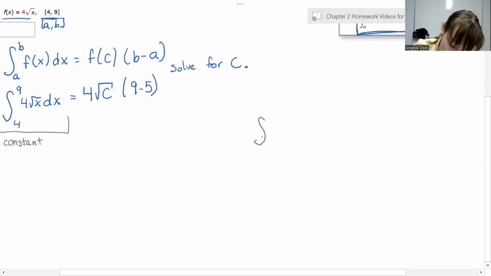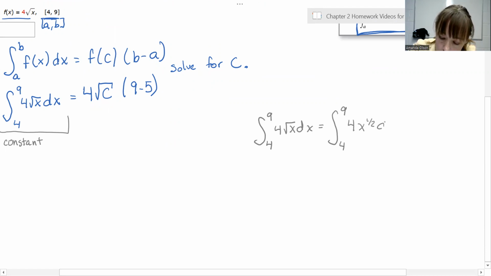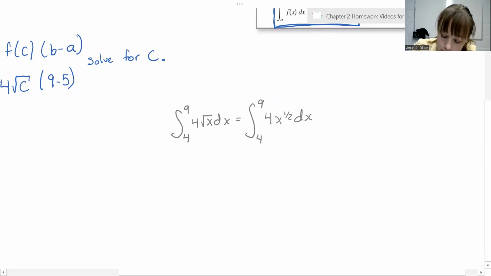So here I have the integral from 4 to 9 of 4 square root x dx. I'm going to rewrite that square root of x as an exponential, so this becomes the integral from 4 to 9 of 4x to the 1/2 dx. And then I'm going to apply the power rule.